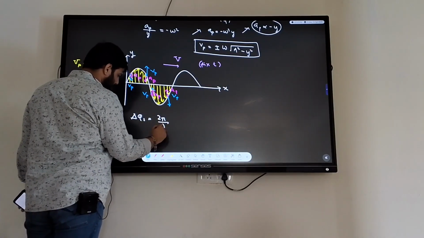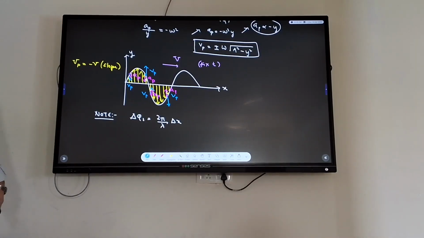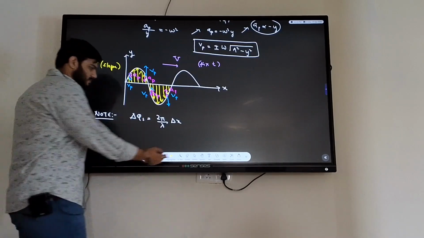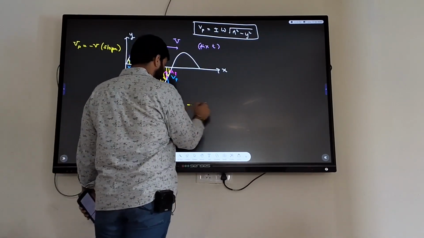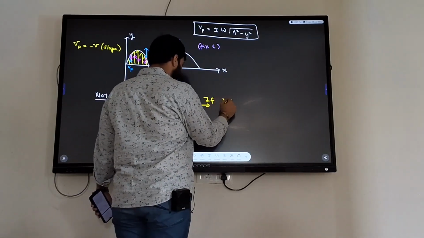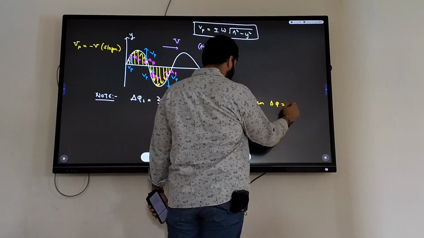That's 2 pi by lambda into delta x. If, let's say, delta x is lambda by 2, then what will be the delta phi? Pi. If delta x is equal to lambda by 2, then delta phi is equal to pi radians.